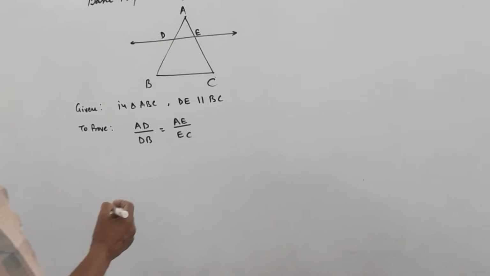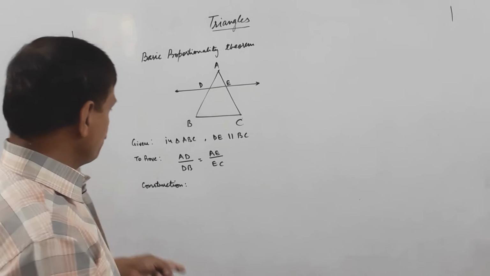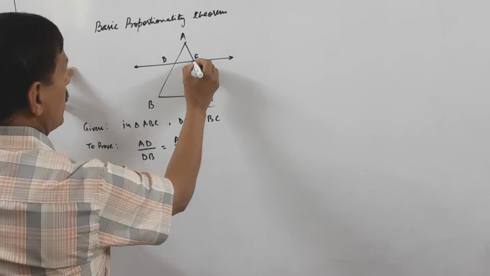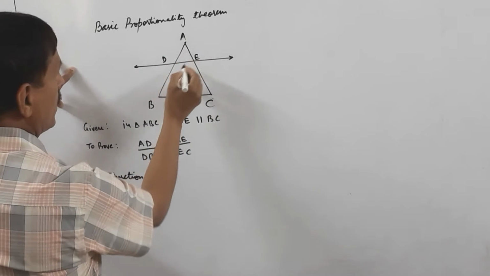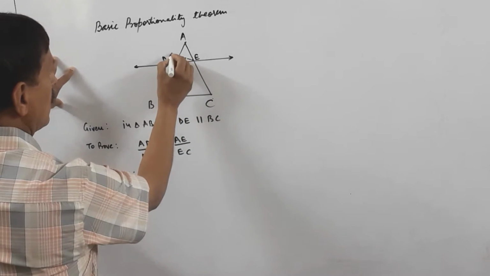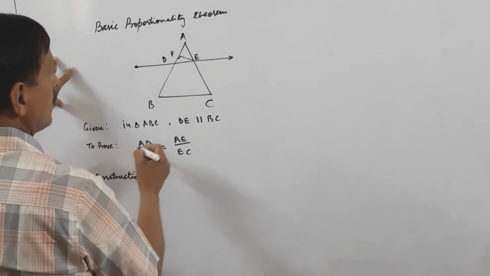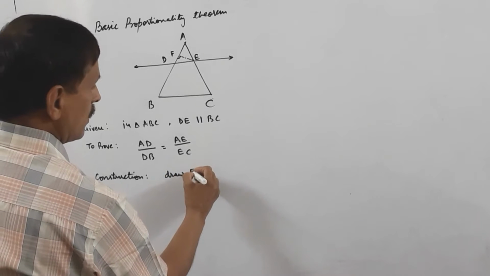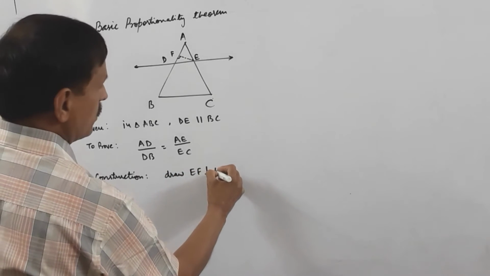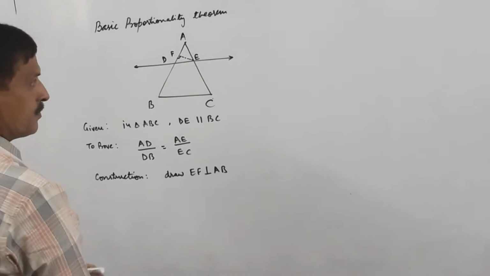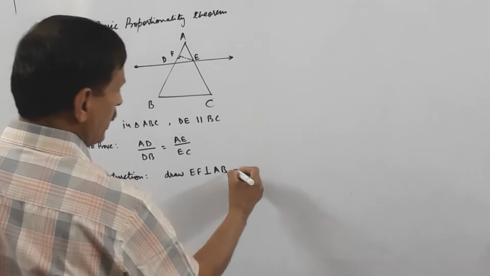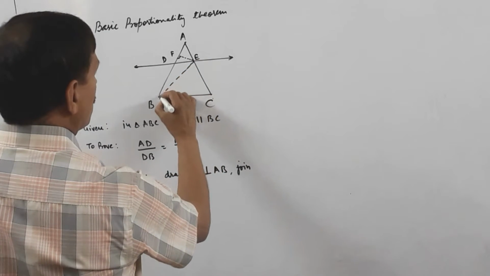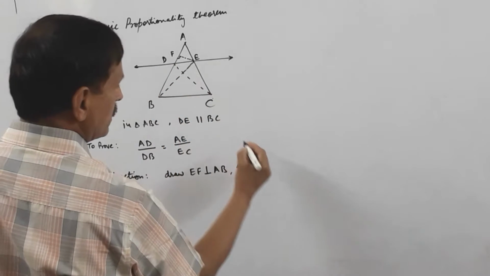For this, we will take construction. From E, we draw perpendicular on AD. Draw EF perpendicular to AB and join BE and CD.